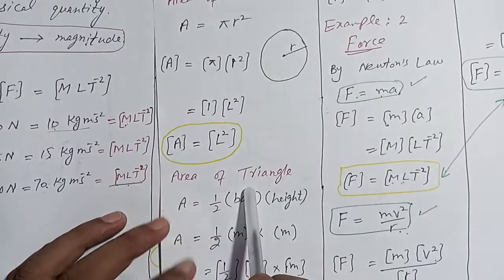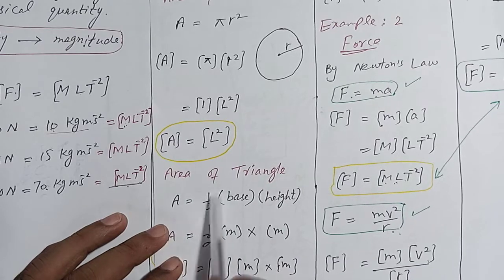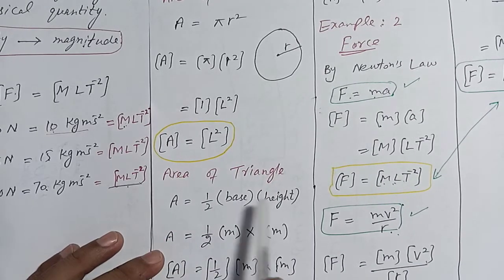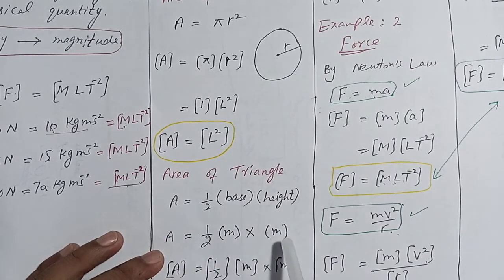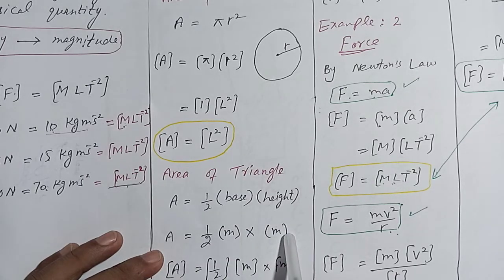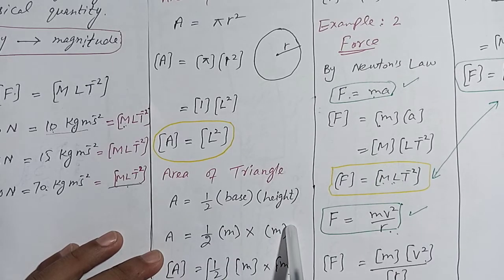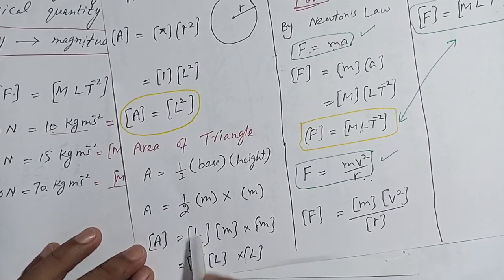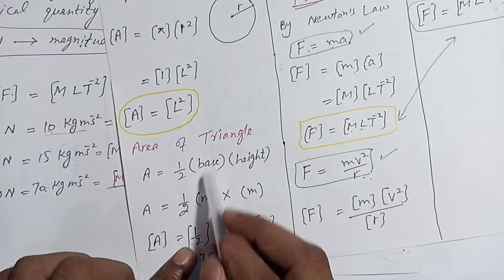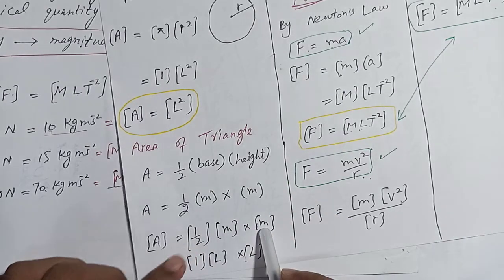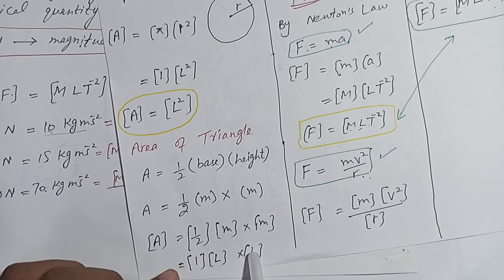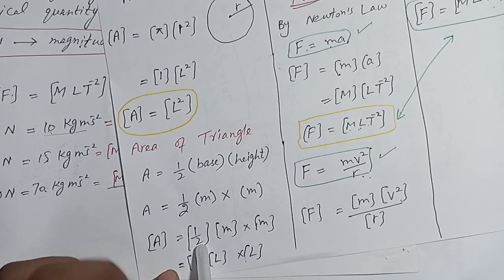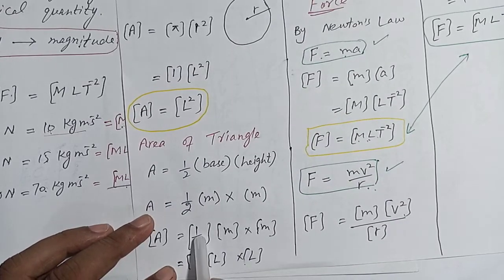Similarly, for the area of a triangle, the formula is 1 over 2 base into height. Base is measured in meters, height is measured in meters. So both are length. So the dimension of area is the dimension of 1 over 2, dimension of base, dimension of height, which is L and L. 1 over 2 is a number and it is dimensionless.